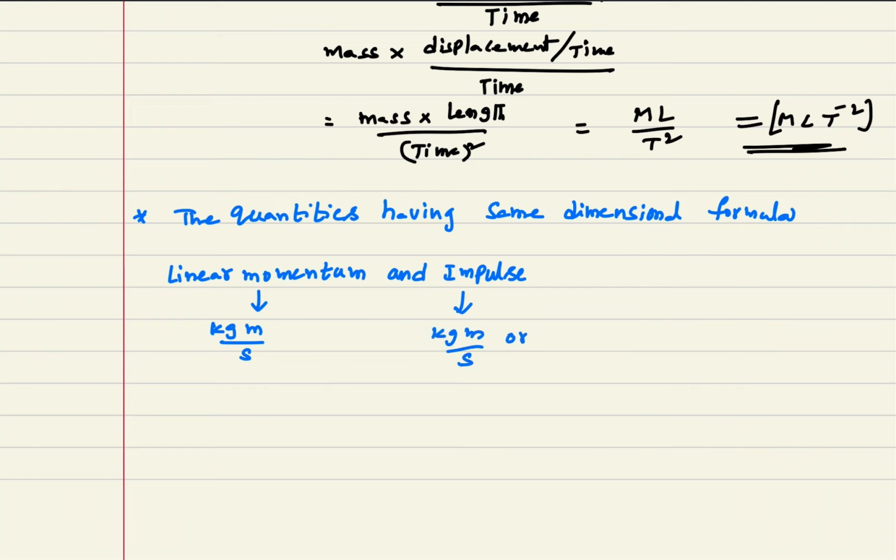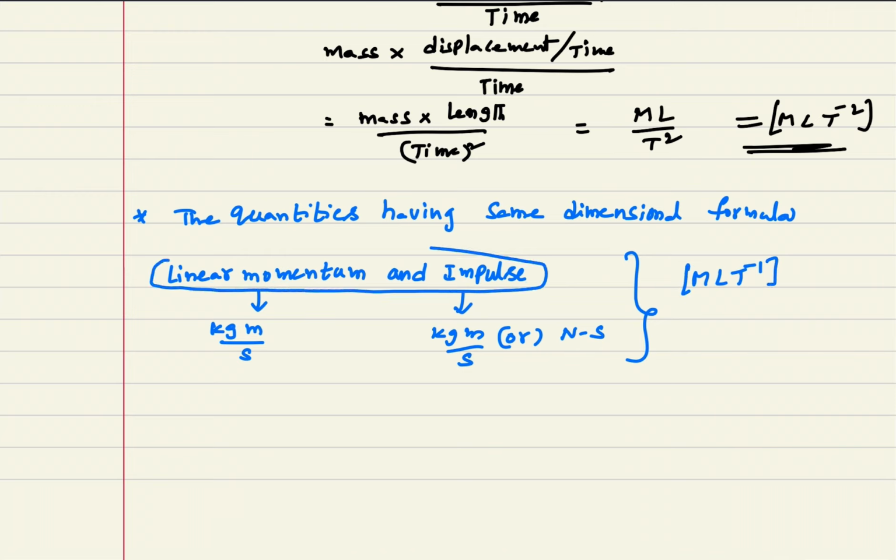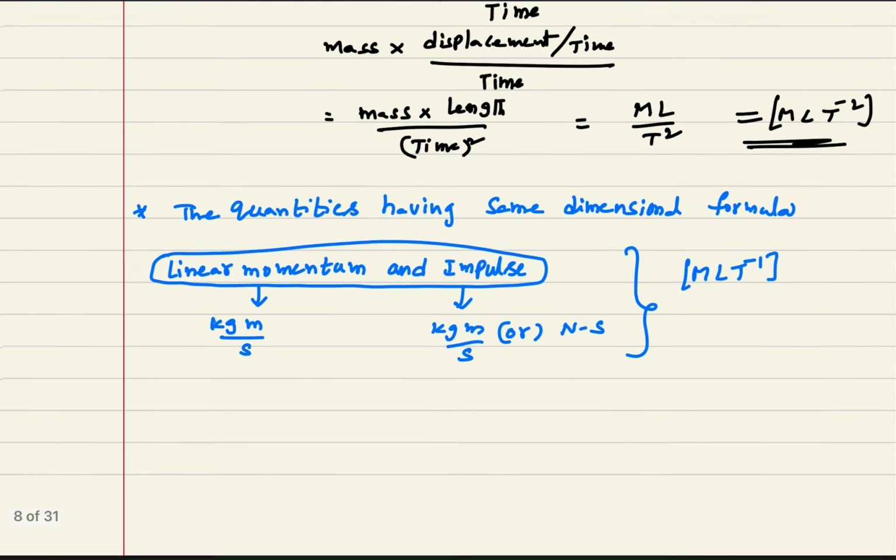Its unit is also kg meter by second, or you can write it as Newton second. Both mean the same. Both will have the same dimensions, M L T power minus 1. These two quantities, linear momentum and impulse, will have the same dimensions.